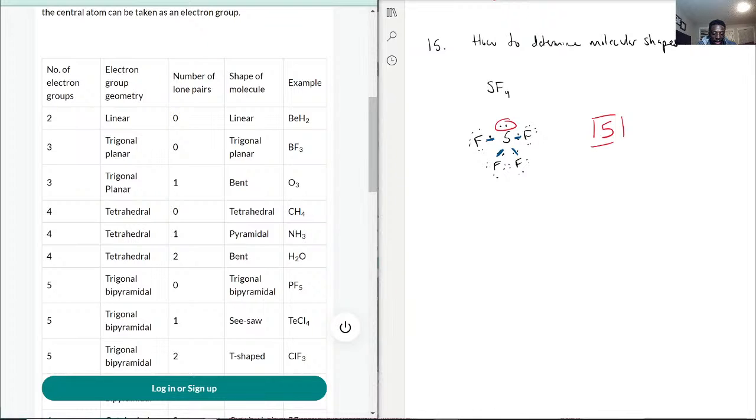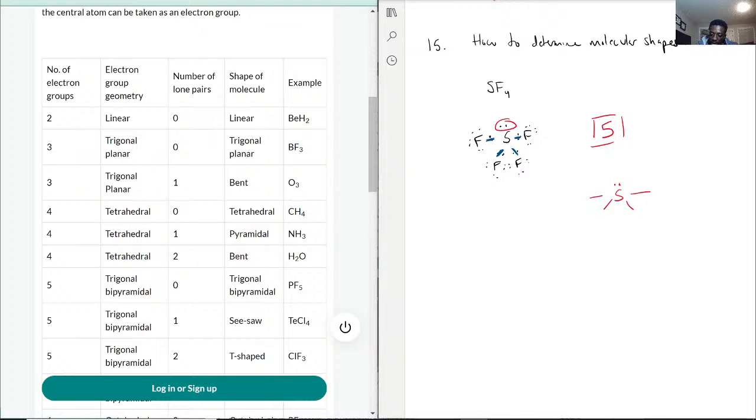They actually provide an example here: tellurium tetrachloride. Sulfur tetrafluoride can do the same thing. And as they mentioned, the seesaw would look something like this. I did draw mine a little bit different earlier, but this is what they mean by seesaw.